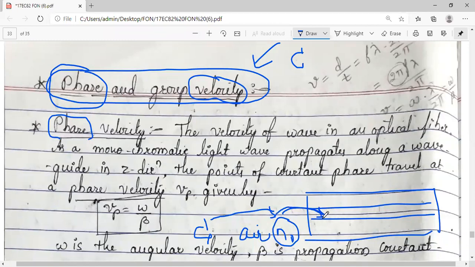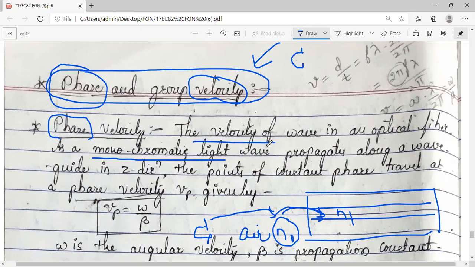When it enters the other medium, which is having the refractive index n1, the velocity will change. Okay, it will not be c, it will change. Okay, so that velocity we call phase velocity. Here it is very simple when we consider a monochromatic light, just phase velocity. Okay, but practically it is not the case.